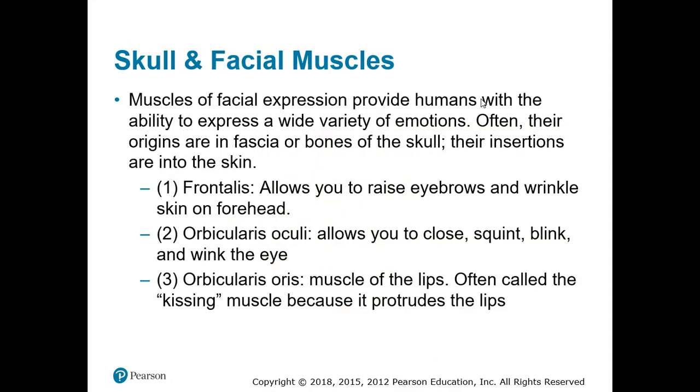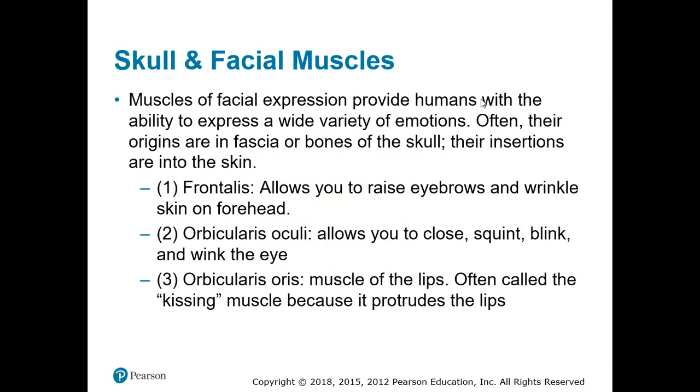We're going to first focus on facial muscles. Muscles in our face allow us to make facial expressions, such as smiling or frowning, to show different emotions, if we're happy or we're sad. These often have origin points in fascia, in other words, the outer covering of different tissues, or their origins are on bones.